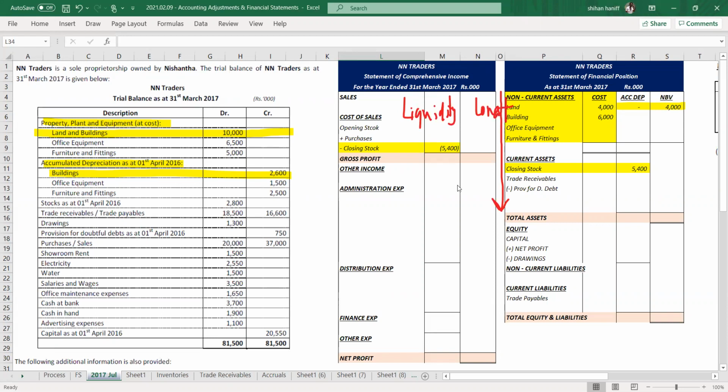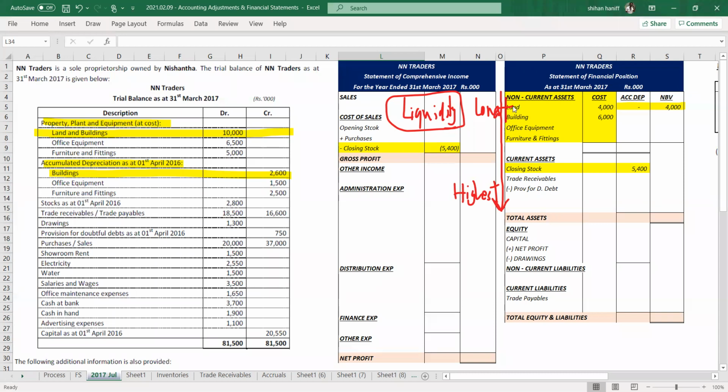Lowest on the top, highest liquid asset on the bottom. So what is meant by liquidity? Liquidity means how fast you can convert an asset into cash. Cash means the cash in hand, rupees and cents.